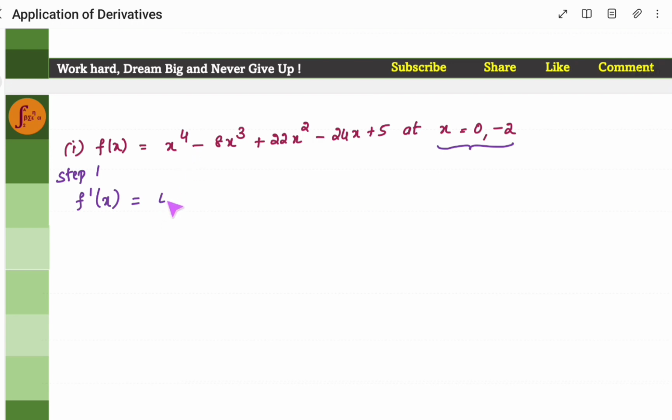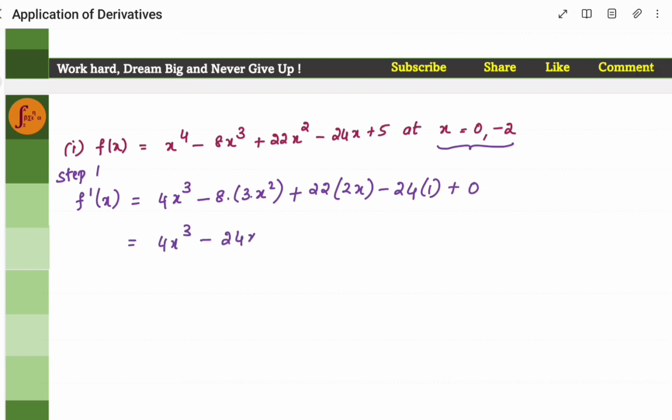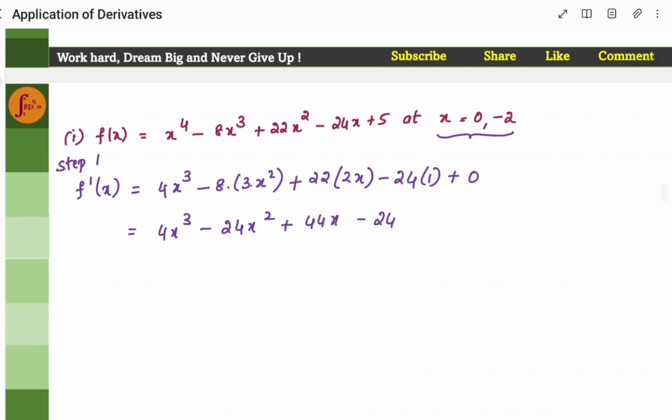For x to the 4 it is 4 into x cube, 4x cube. This is 3 into x square plus 22 into 2x minus 24 into 1 plus 0. This is the derivative: 4x cube minus 24x square plus 44x minus 24.